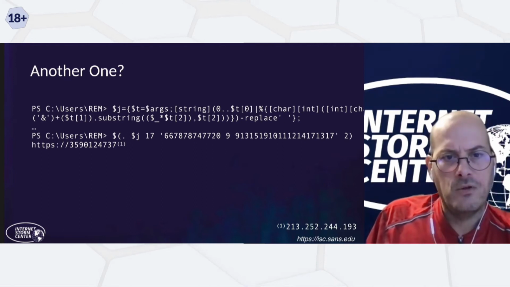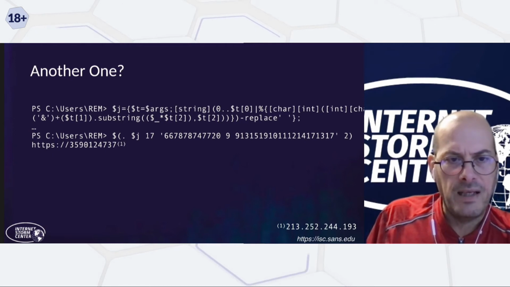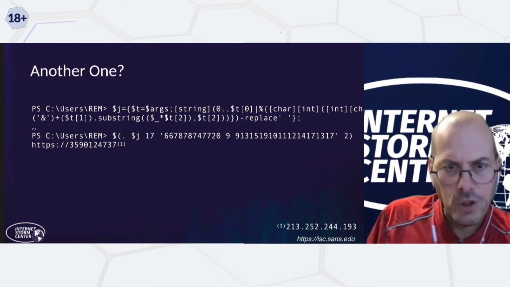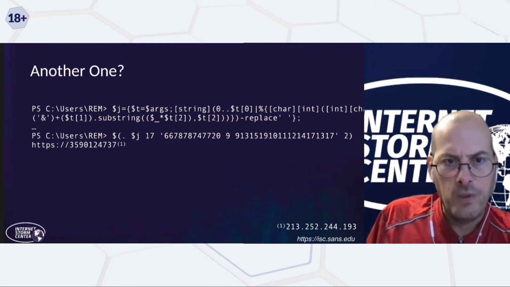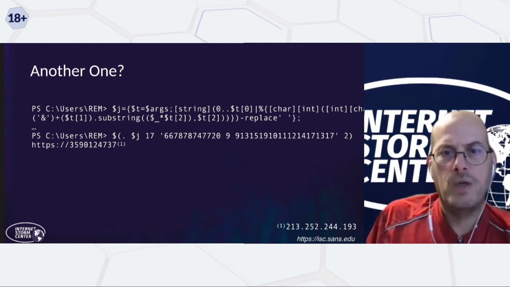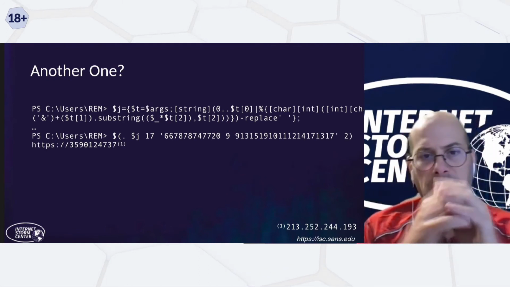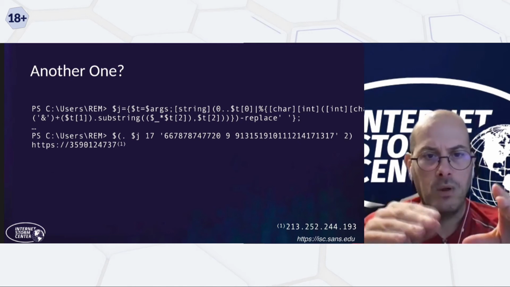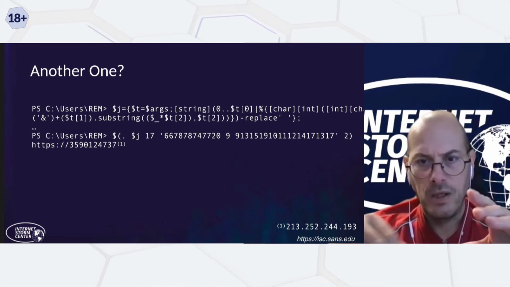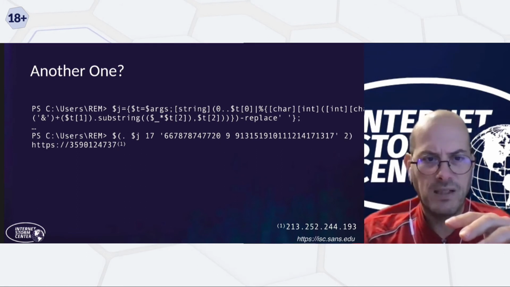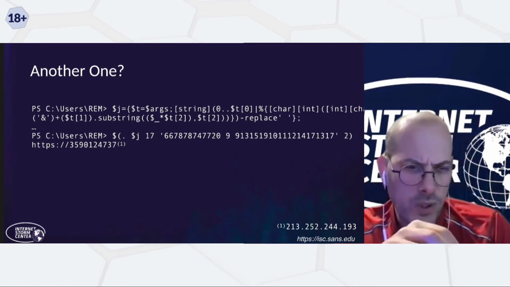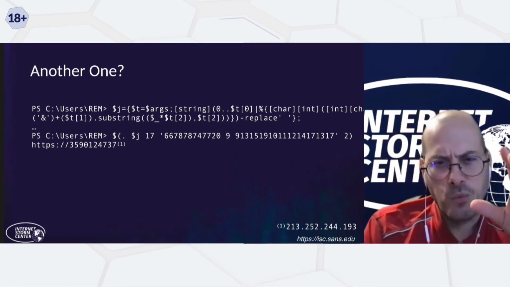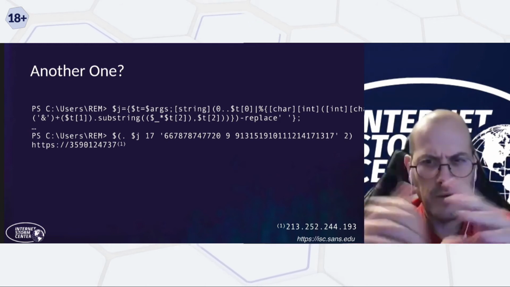You see that $G is like a block of code. Inside G we have a block of instructions, and all the instructions are separated by semicolons. So you have $T equals $args, semicolon. Then we have a string, we convert some stuff, you see that you have a substring, then you have also some replaces and so on. So it looks very interesting.